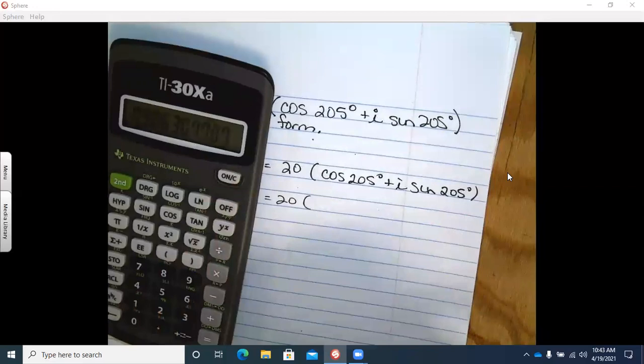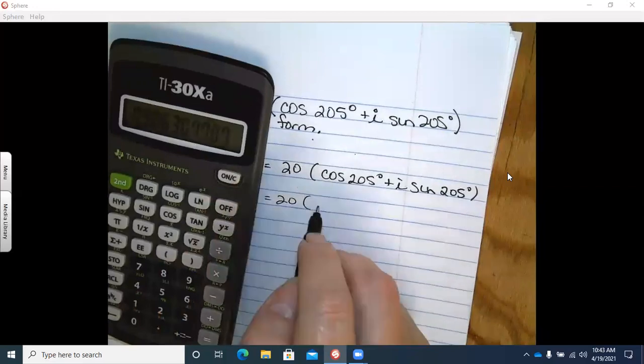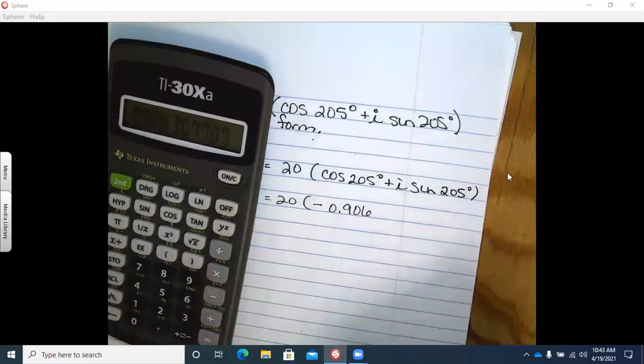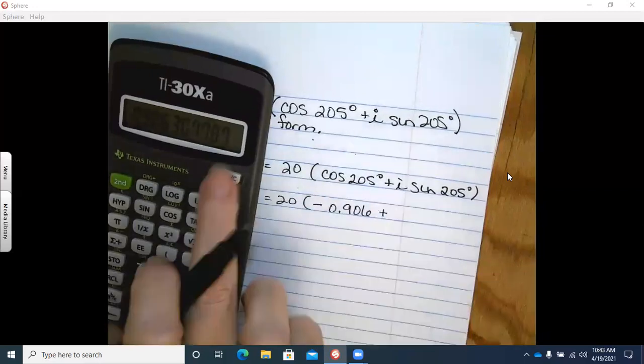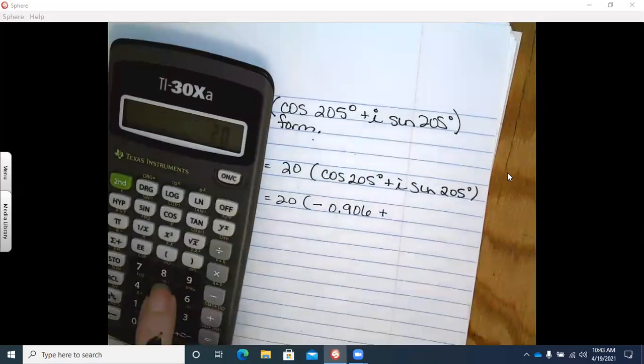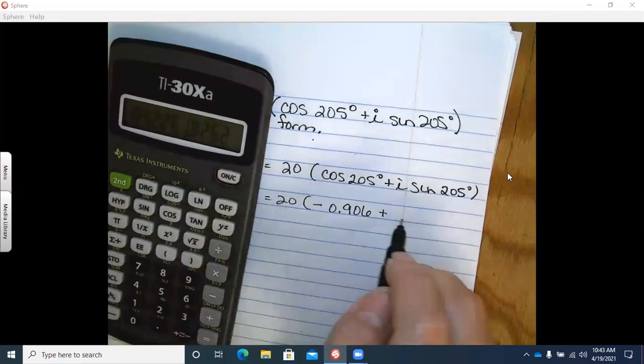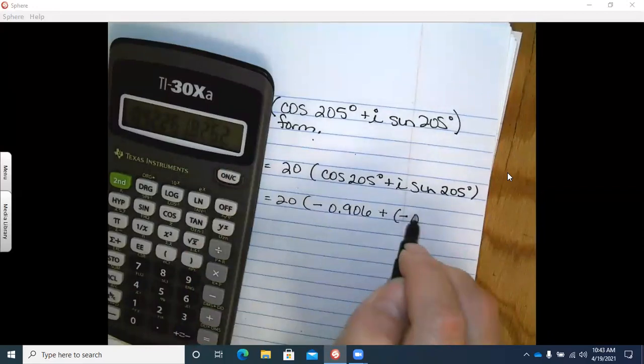I'm going to round to the nearest thousandths. So negative 0.906. Plus sine of 205, sine is negative 0.423i.